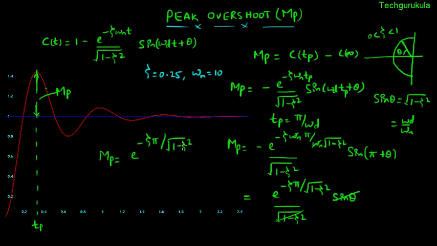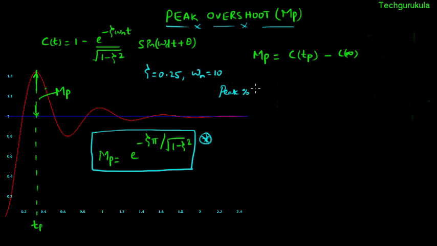Sometimes people are interested in another parameter which is very similar to peak overshoot, peak percent overshoot. Peak percent overshoot is defined like this: C of TP, the peak value, minus the final value, divided by the final value, times 100%.